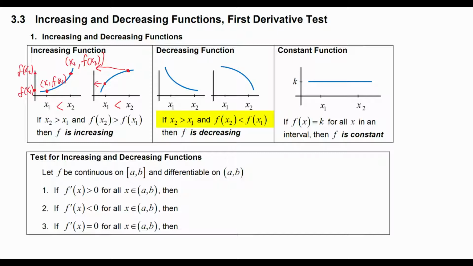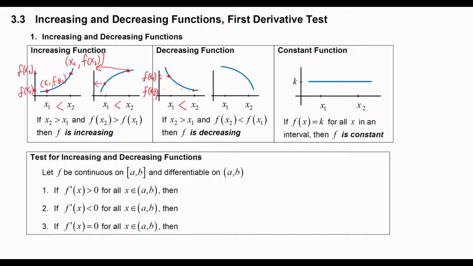Similarly, as x gets larger, this time y gets smaller. So you can see in the first picture, x2 is greater than x1 since it is located on the right hand side of the number line. However, f of x1 is larger than f of x2.